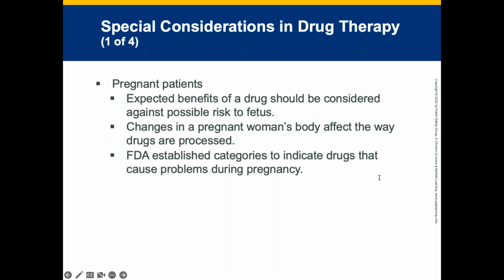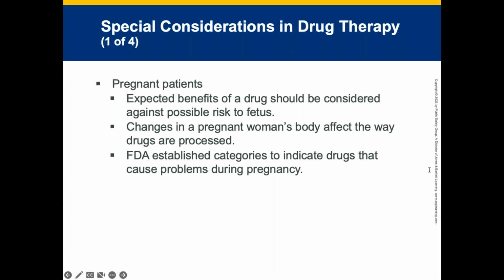The FDA has removed the scale with categories A, B, C, D, and X that indicated drugs with documented problems in animals or humans during pregnancy. When I went through medic school many, many years ago, we talked about A, B, C, D, and X medications, based upon what schedule they were.